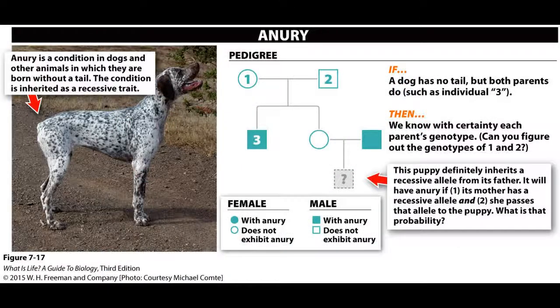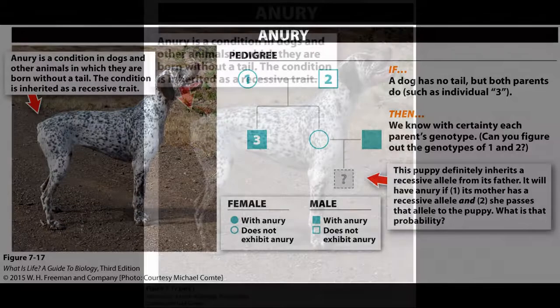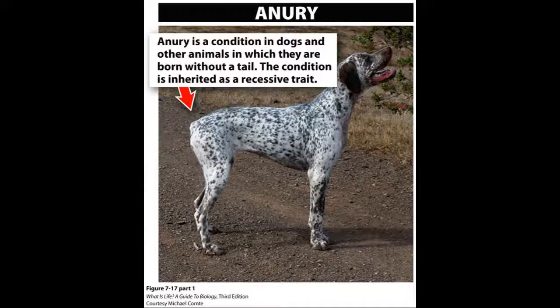An example of how pedigrees can help determine how traits are inherited is given in the image that you now see on the screen. Anury is a condition seen in dogs and some other animals in which the animal has no tail. The pedigree reveals that anury is inherited as a recessive trait because unaffected parents can have offspring with the disorder.